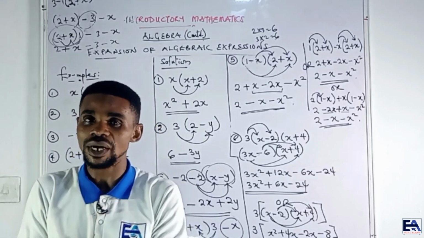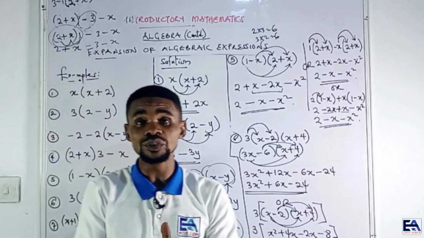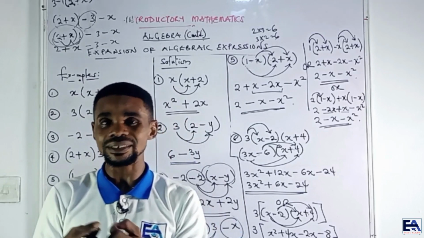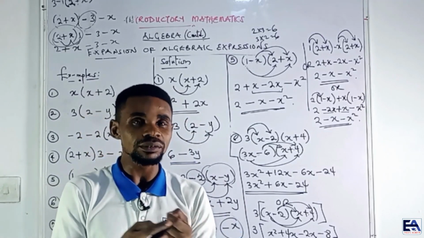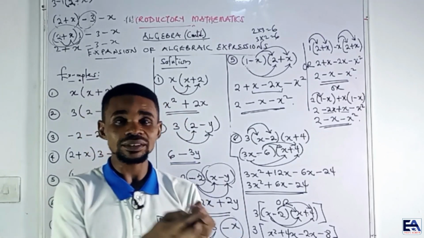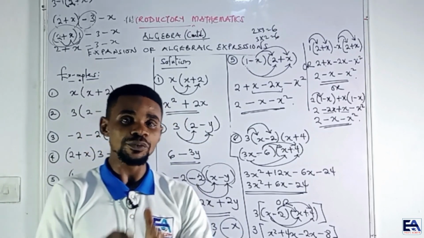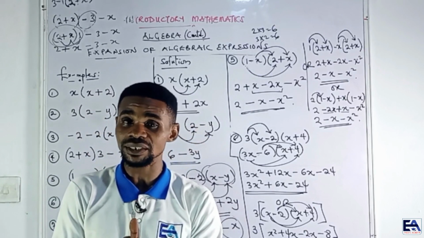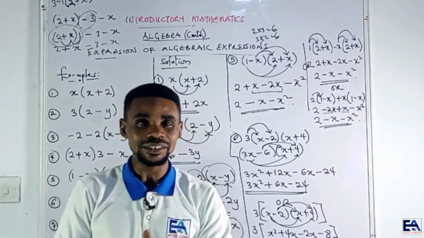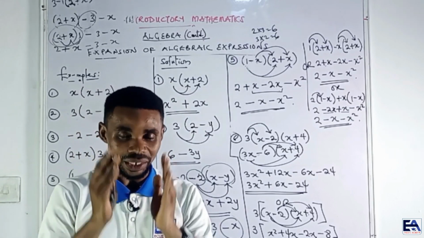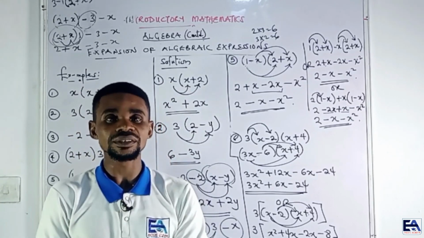It is only when you break the rules of mathematics, when you do something that is not mathematically acceptable, that a particular step you took will not give you the right results. If you keep doing what is right mathematically, anyhow you chose to do it will still land you in the correct answer.